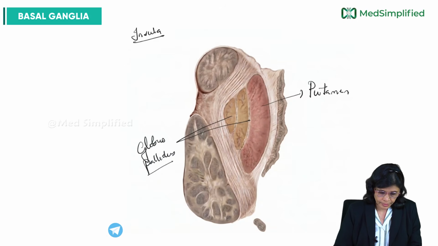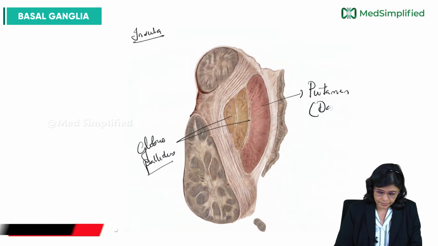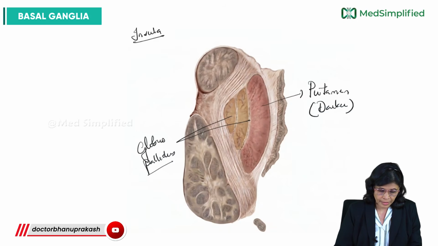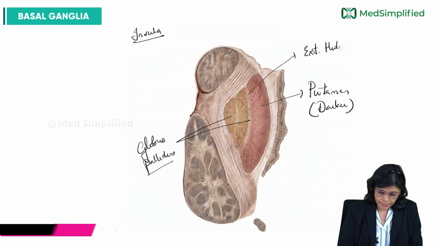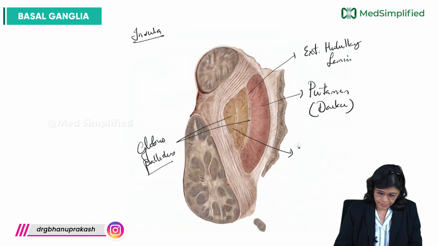The putamen is darker compared to the globus pallidus, which is the medial, paler part. The globus pallidus is again divided into two portions by the internal medullary lamina.